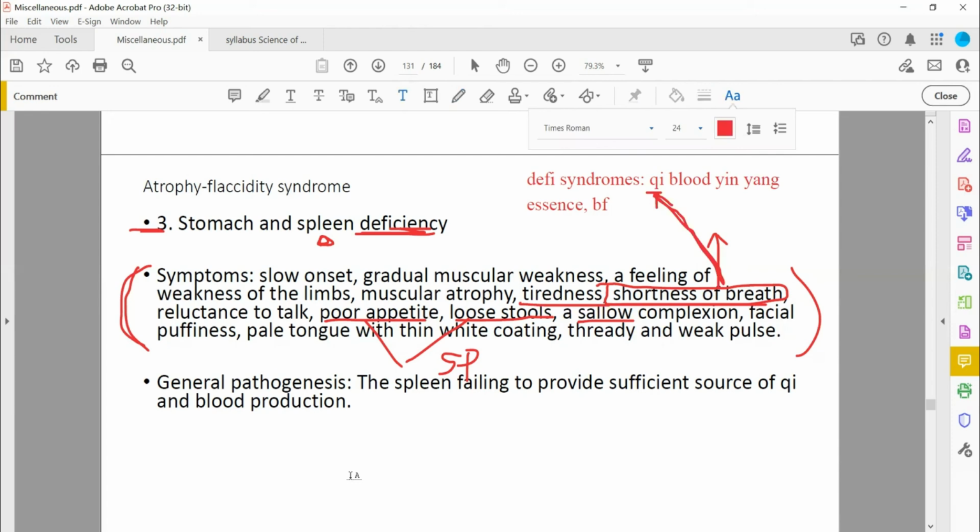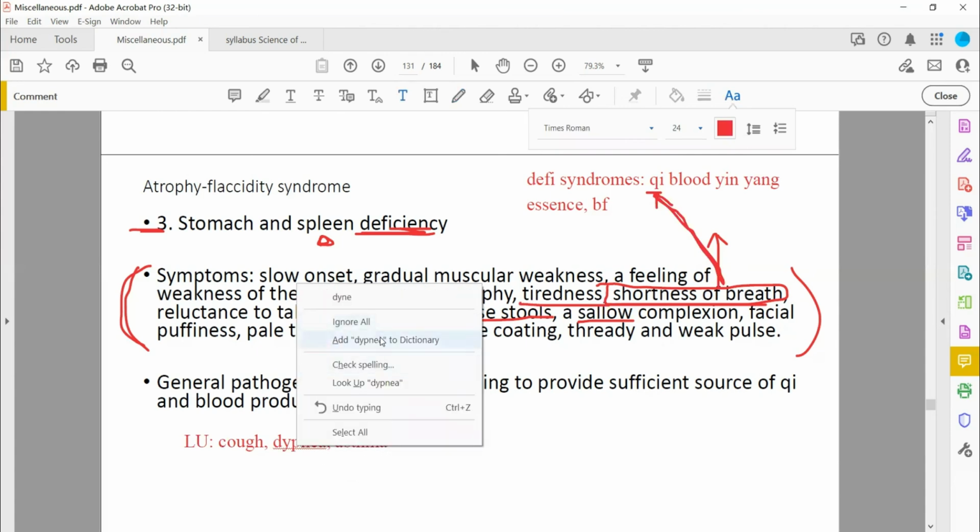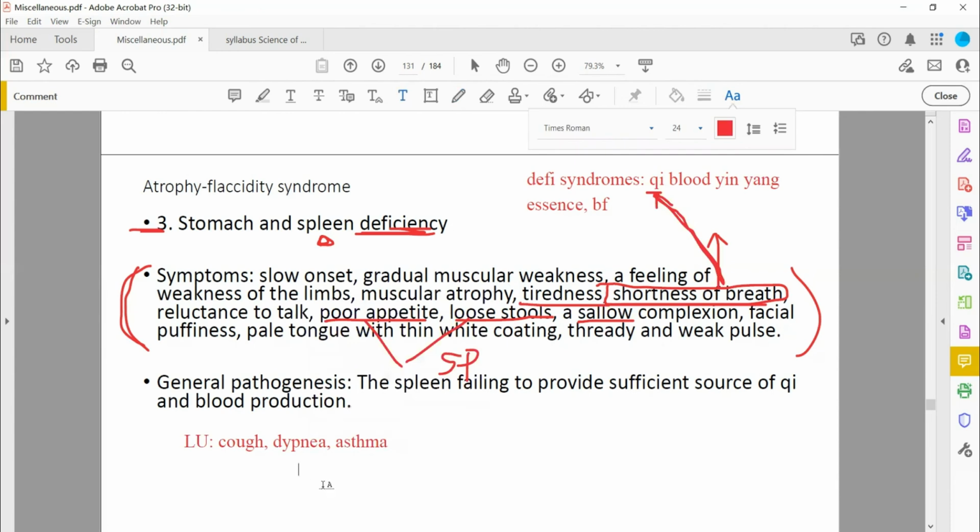If your diagnosis is lung, you have to see cough, asthma, dyspnea, words like these. Here we didn't see cough, dyspnea, or asthma, so don't think about the lung.